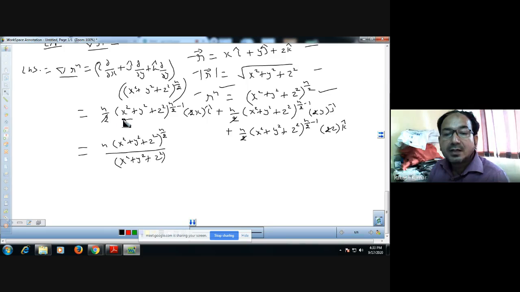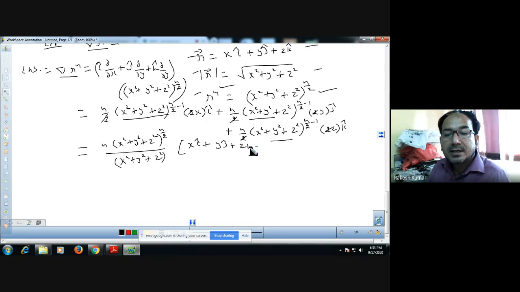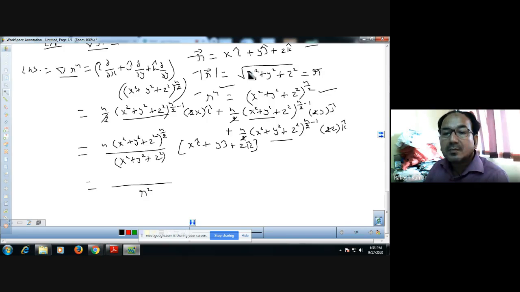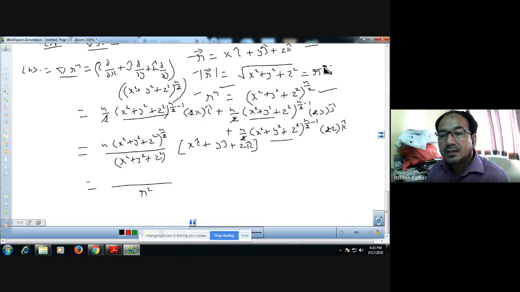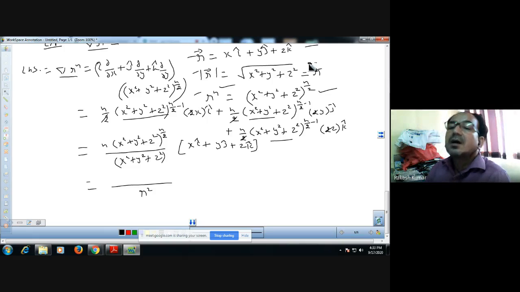And you can see all these terms are there in each, so if you take it in common, otherwise that is x i plus y j plus z k. And you know what the value of the denominator is, and that comes out to be r. So what is x square plus y square plus z square? That is r square, because the square root will go on the other side, and it will give you r square.